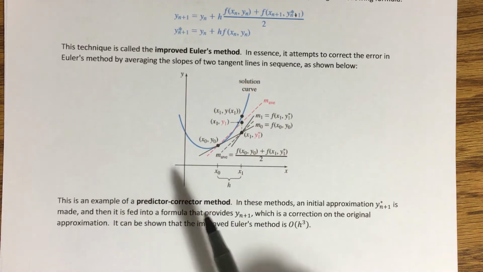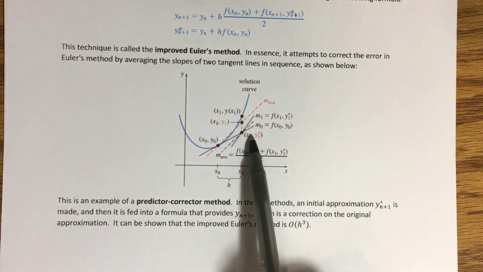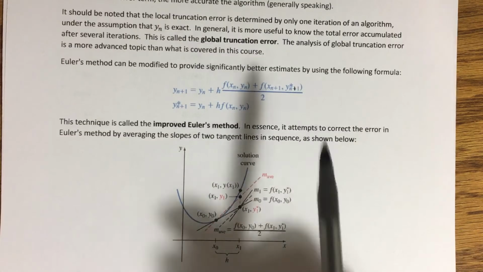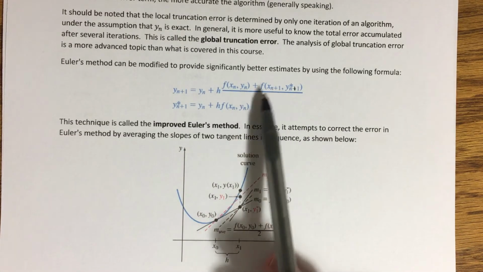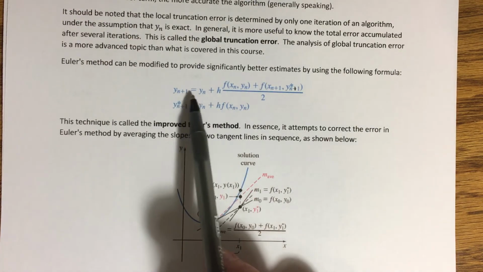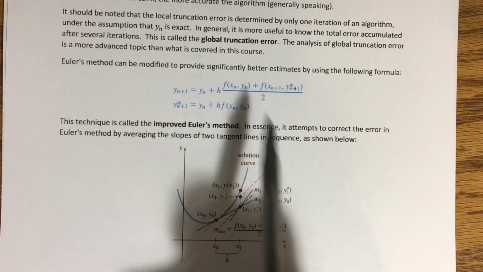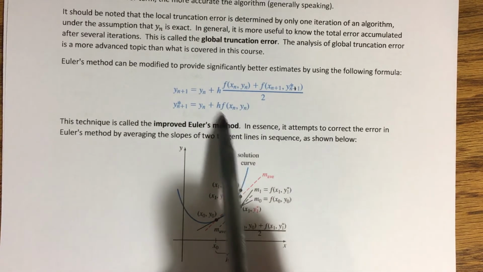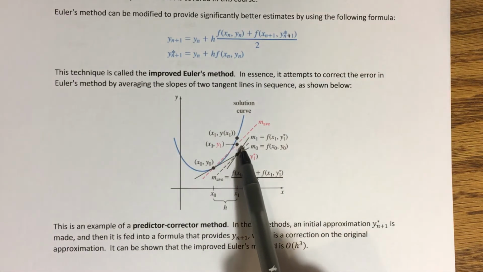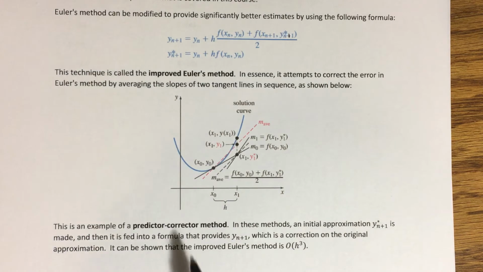Then it recognizes that there is a local truncation error, and it attempts to correct that error using this second formula. Averaging the slopes and then plugging that new averaged slope in as the slope for Euler's method produces a correction. Now, it's not a perfect correction, but it does improve that local truncation error. So that's where we get that name.